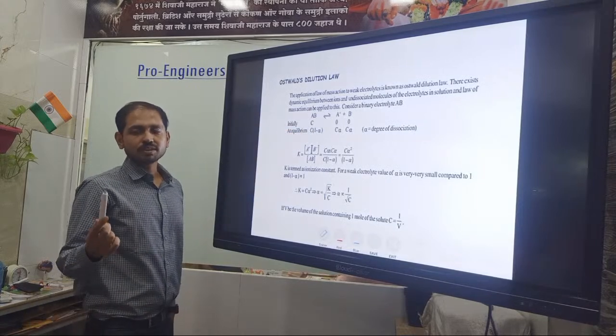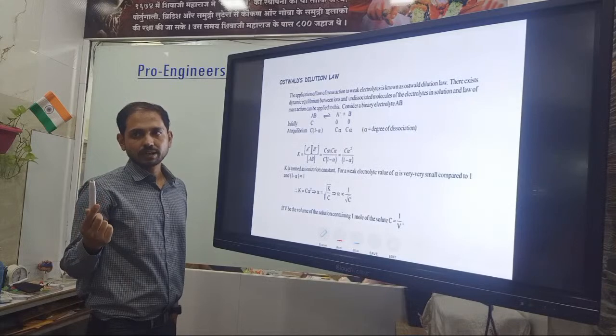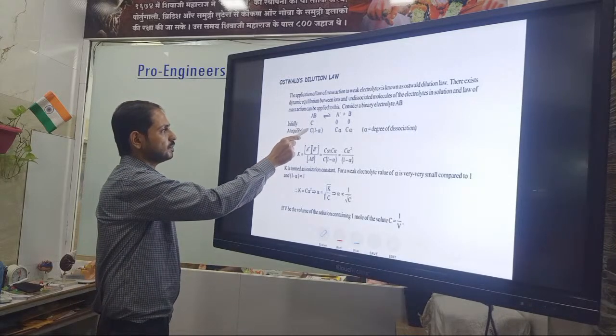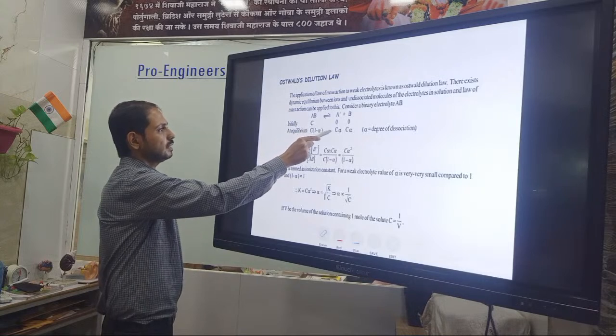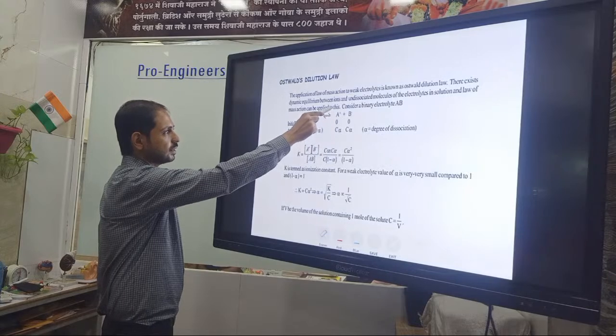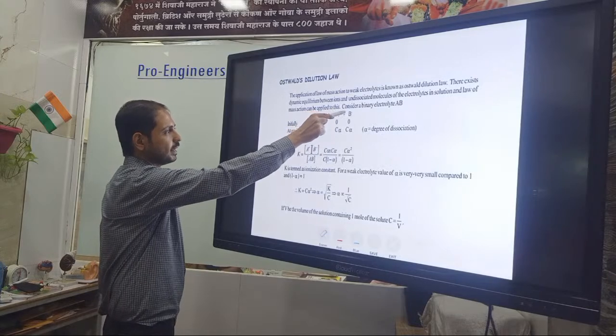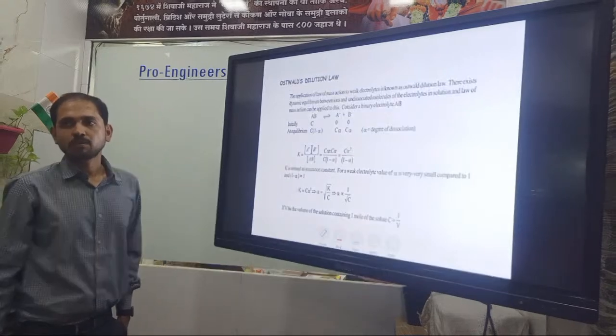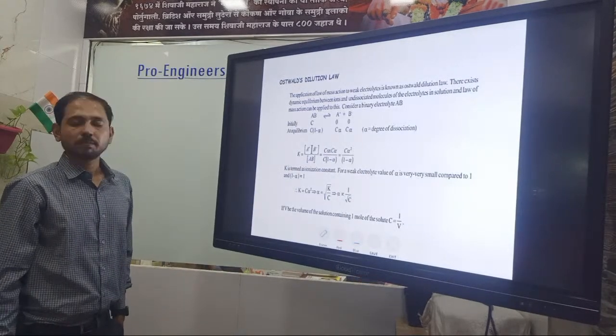Degree of dissociation is applicable only for the weak electrolyte. At equilibrium, we can write C into 1 minus alpha for AB, C alpha for A plus, and C alpha for B minus.